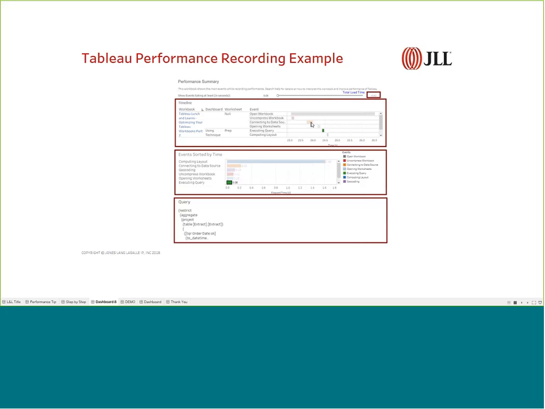So each bar gives you a series of time, and you can hover over the bar to see the duration of time that it took and when it started during the load process. The top bar, which is labeled Open Workbook, is designed to give you the overall picture of how long it took for the dashboard to open, so an end-to-end single bar for the total duration. Everything below that shows what things happen and when.